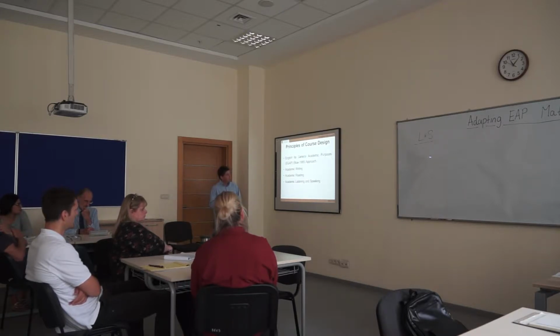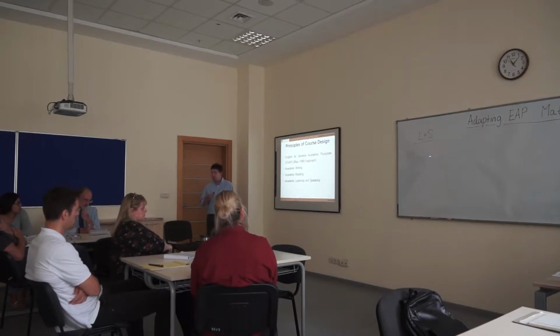The academic listening and speaking course is based around 4 common spoken genres at a university: lectures and note-taking, seminar, a presentation, and a viva. And obviously we aim to prepare students to be able to function within these genres.